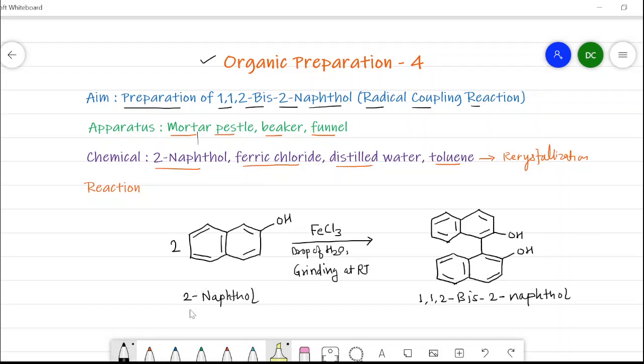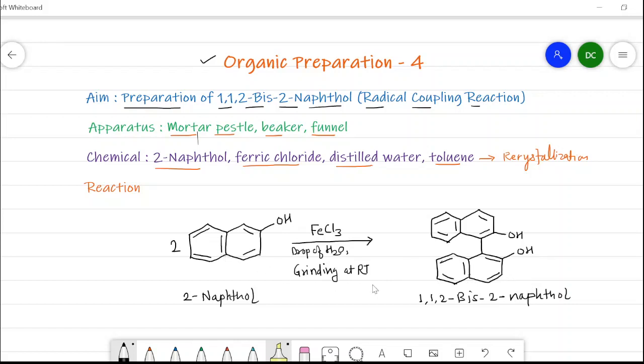See the reaction carefully. Here 2-naphthol, that is beta-naphthol, two molecules, in the presence of FeCl3, when we grind this beta-naphthol in a mortar and pestle, we get this type of compound.